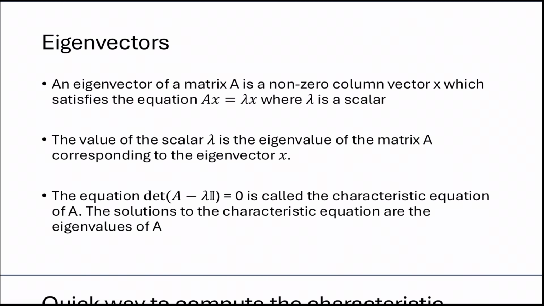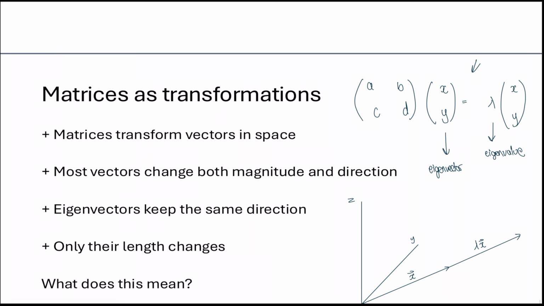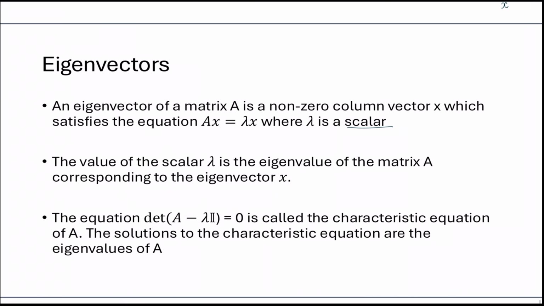So looking at the more formal definition, an eigenvector of a matrix A is a non-zero column vector x which satisfies the equation the matrix A multiplied by the vector x is equal to lambda x. So this is exactly what I wrote over here, where lambda is a scalar.